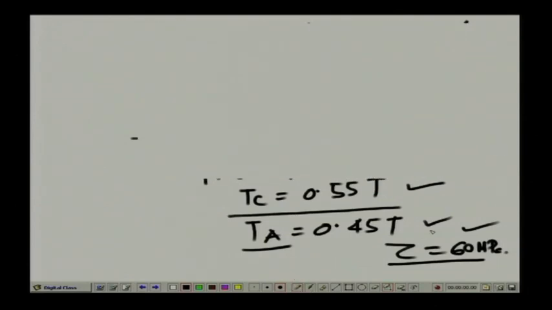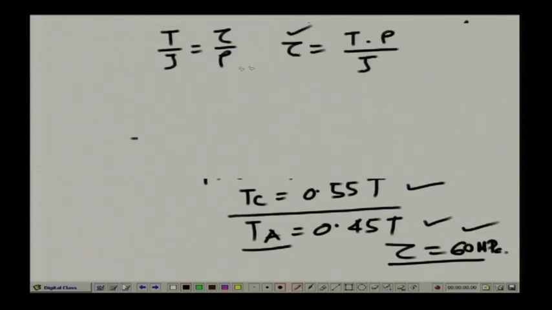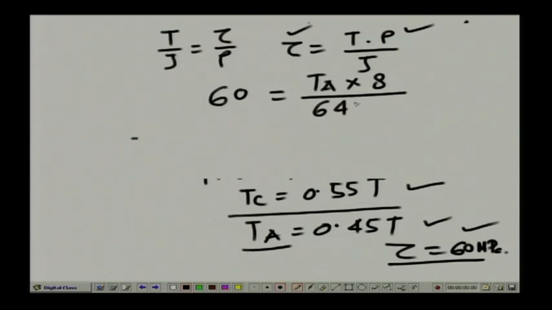Now, T by J is equal to tau by rho, this we know. So, we say tau is equal to T rho by J, and tau for the AB part, let us say, is restricted to 60, is equal to T_A times 8, which is the rho because 16 is the diameter, divided by J_AB, which is 6434.